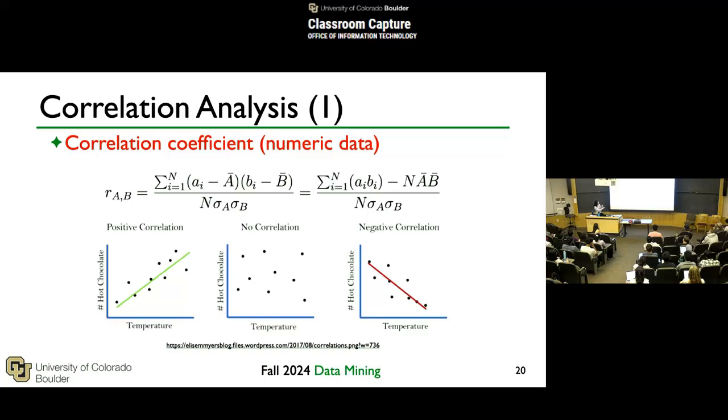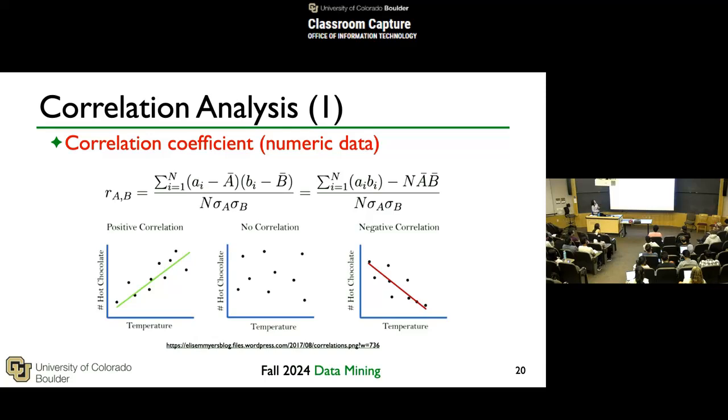So you're dividing by the standard deviations of A and B. And because of that, we're measuring not only the direction of the relationship, but also the strength of the relationship, okay? So strongly correlated versus weakly correlated, positive correlation, negative correlation, those are all things we're trying to calculate, okay?